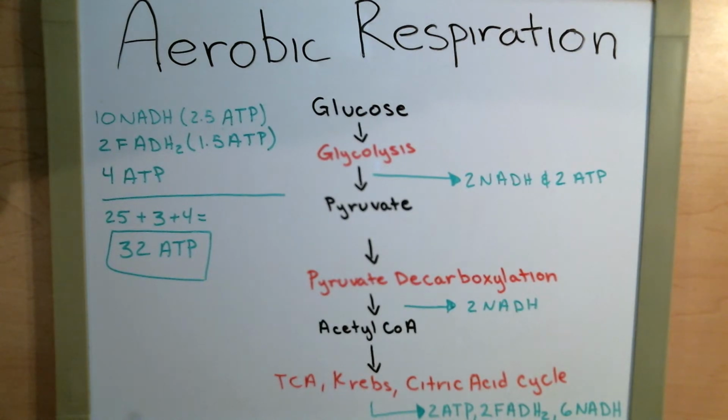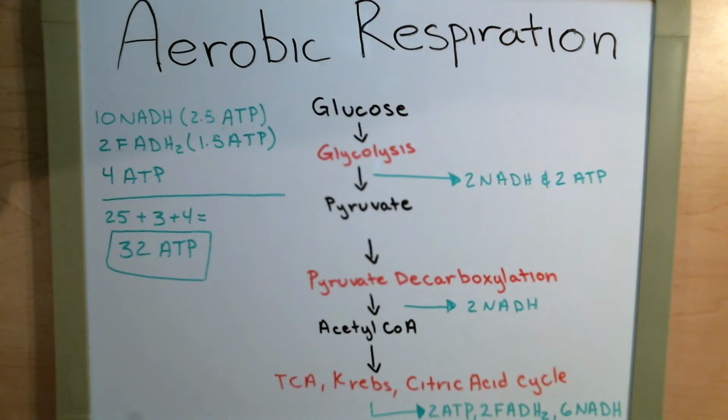So what's important to remember from this is that you're going to make somewhere in the realm of, depending on what book you read, 28 to 36 ATPs. But just know that he's not going to say 32 and 36. Not going to happen. It's going to be really clear cut and dry what the answers are. The numbers aren't even going to be close.